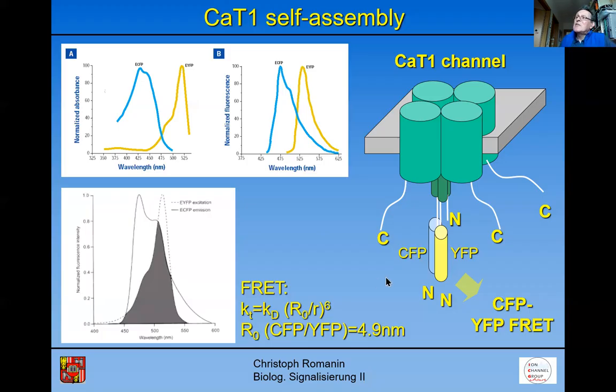But with CFP and YFP, this transfer of energy occurs only at very small distances, a distance range where we can hypothesize that this is indeed an indication of protein-protein interaction. So let's use these two fluorophores, CFP and YFP, hooked on to two different monomers of cut1.